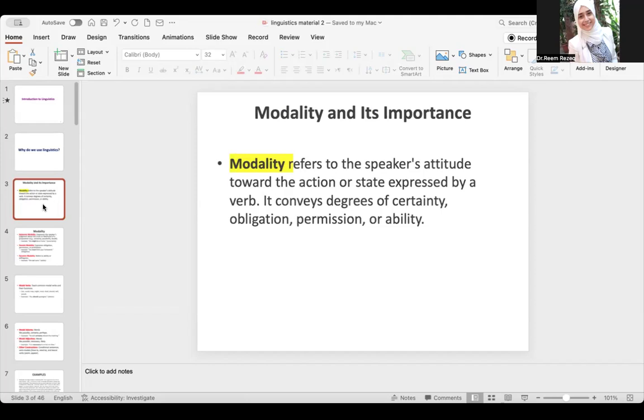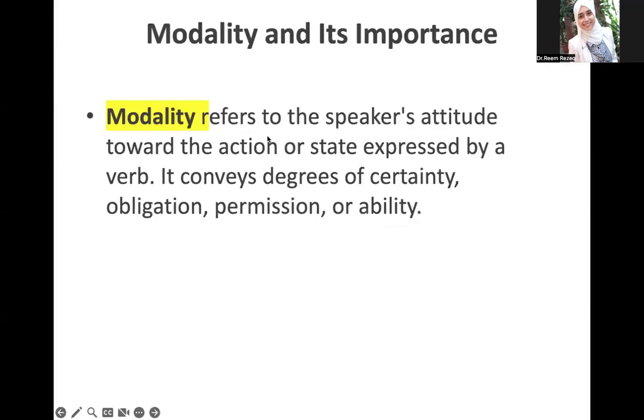So let's start. Modality. Why do we use modality and what does modality mean? Modality refers to the speaker's attitude towards the action or state expressed by a verb. So here, a verb, we're going to express it. It conveys a degree of certainty, obligation, permission, or ability.